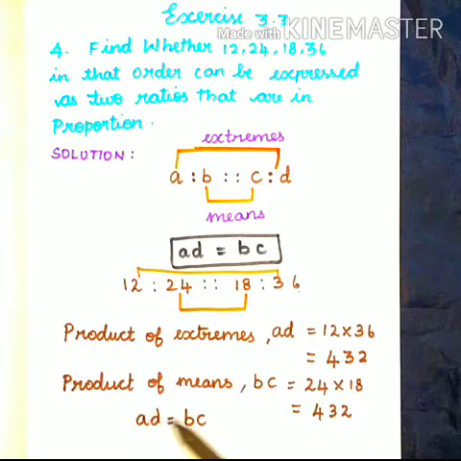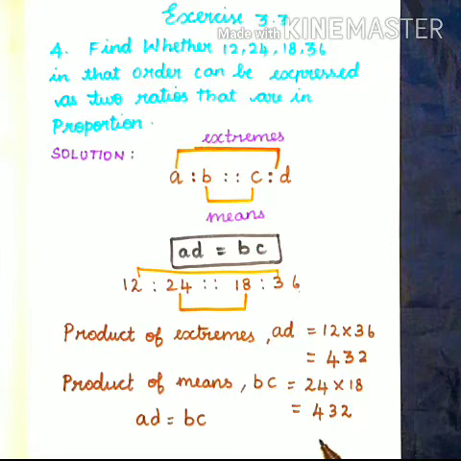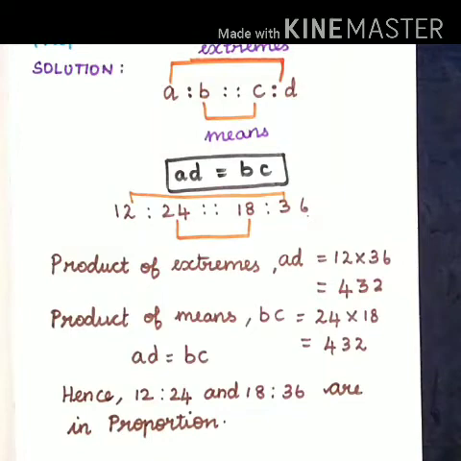Product of means, B into C. 24 into 18 is 432. Here the product of extremes and product of means are equal. So the given ratios are in proportion. Hence 12 is to 24 and 18 is to 36 are in proportion, because here AD equals BC, that is, the product of extremes is equal to the product of means.